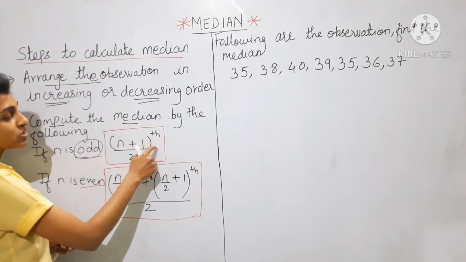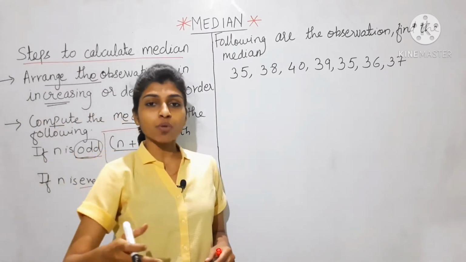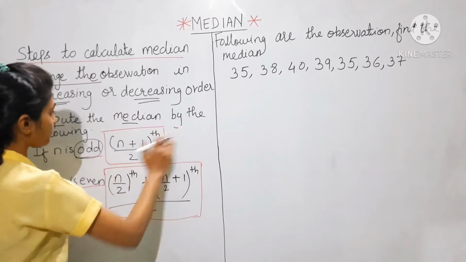This th means what? Suppose 4th observation, 5th observation, 3rd observation. It means that term.